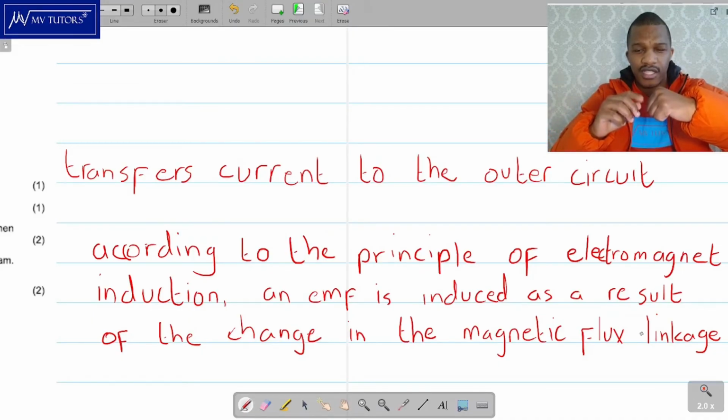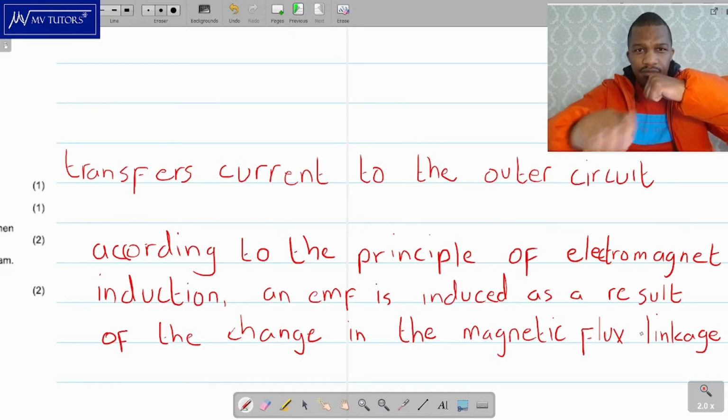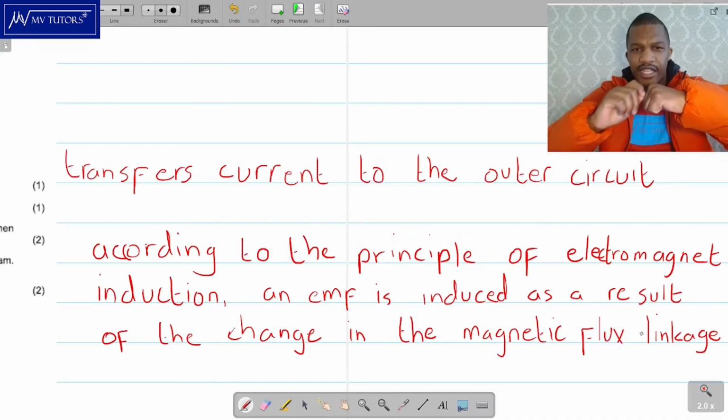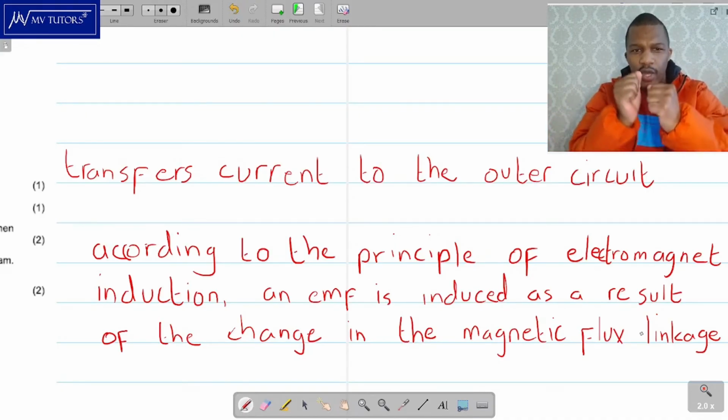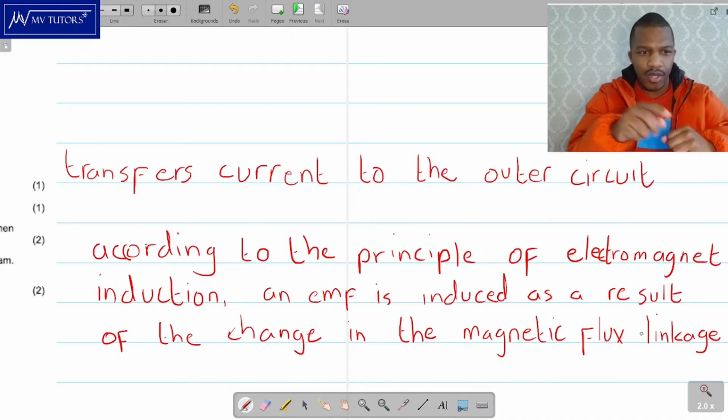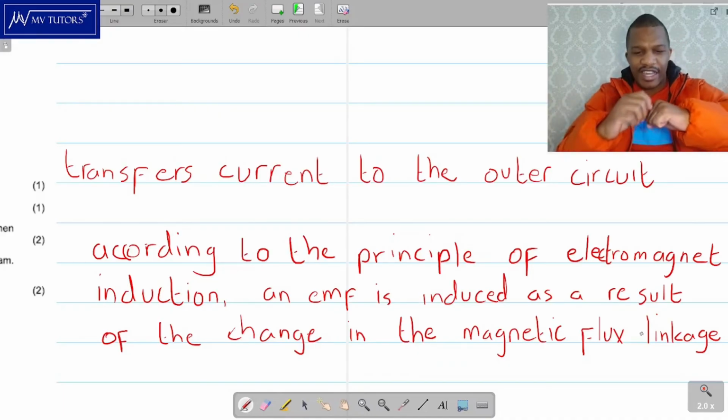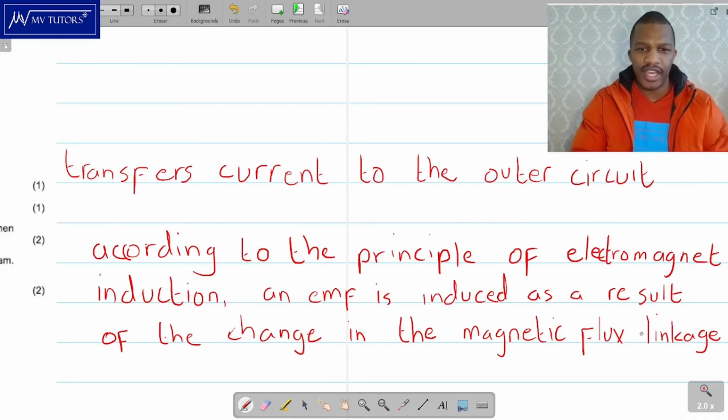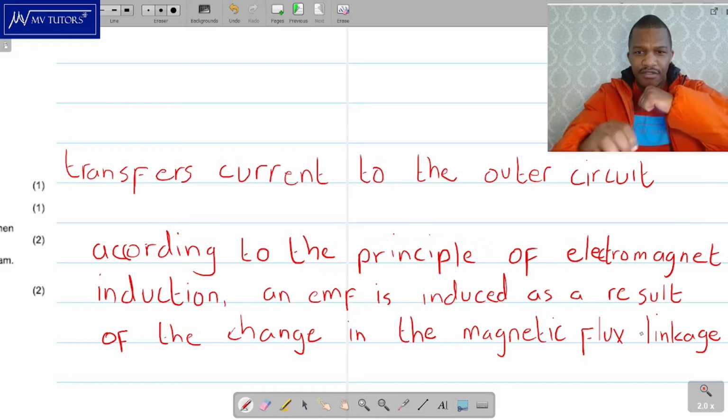So it's the same principle here, in that as the linkage between the magnetic flux, the linkage between the two elements of the magnet, rather, or the coil, as they link each other and touch each other, current is created as there's a change in that magnetic flux.